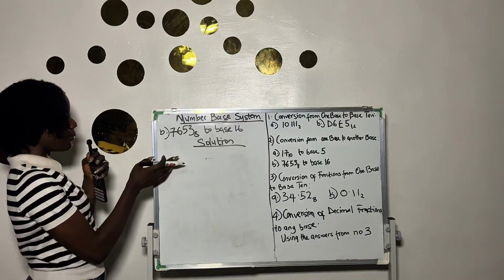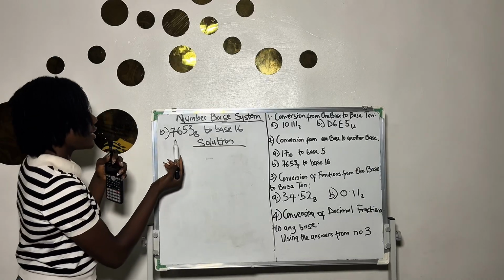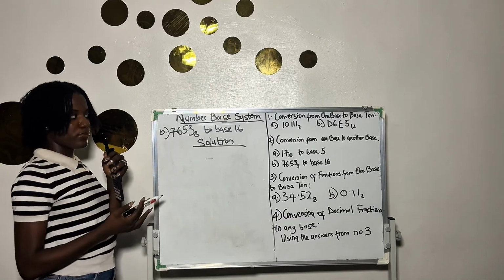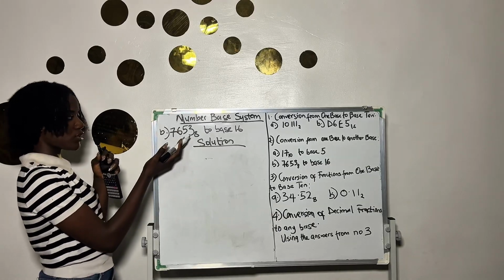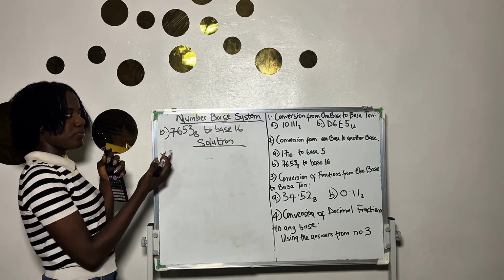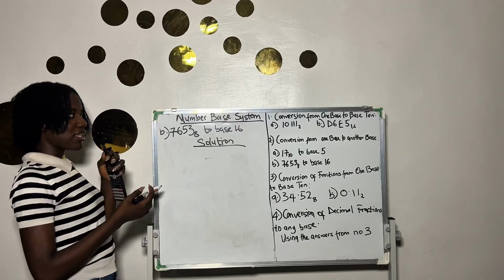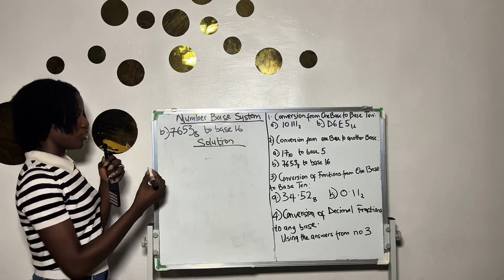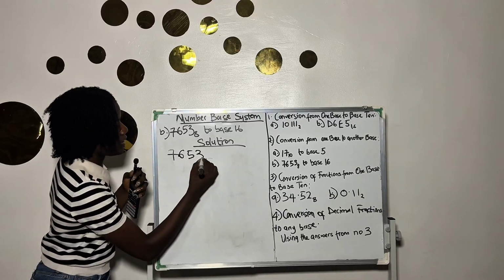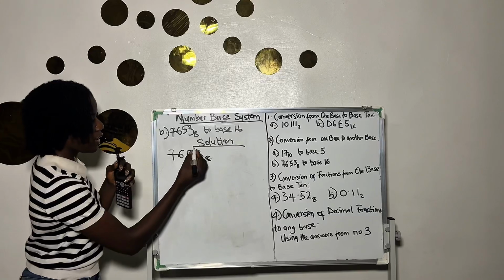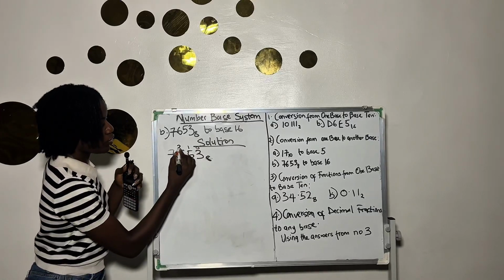For the second example, we're converting 7653 base 8 to base 16. In this kind of case, we're going to first convert from base 8 to base 10, then convert from base 10 to base 16. So let's convert 7653 base 8 to base 10, giving its place value 0, 1, 2, 3.